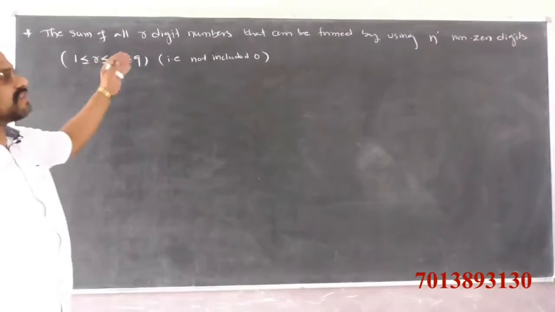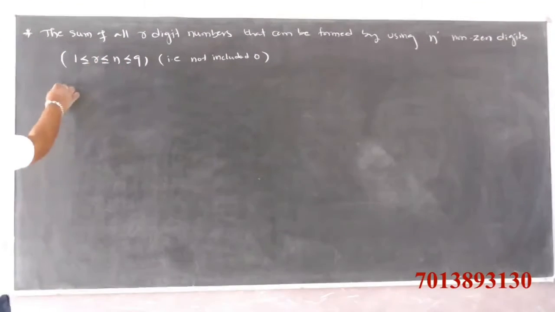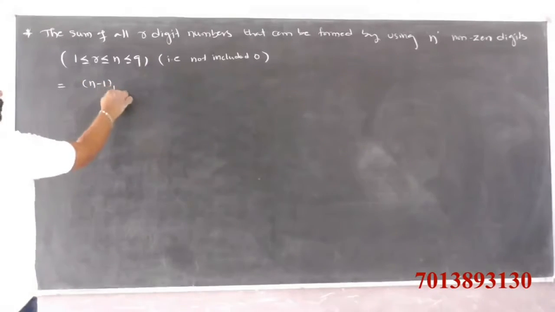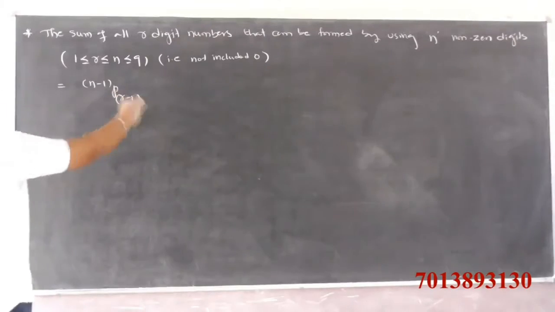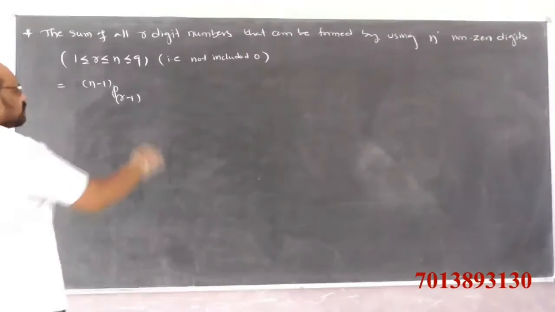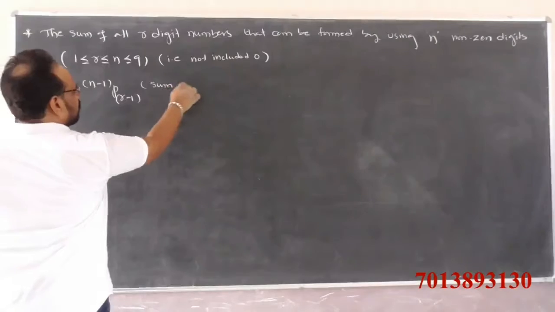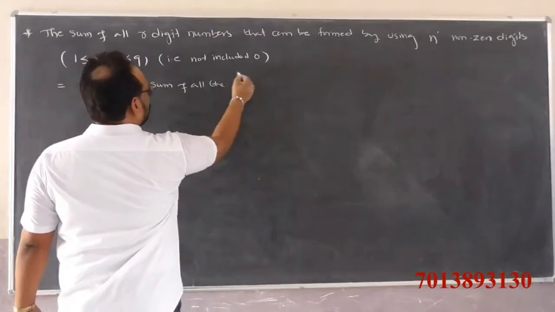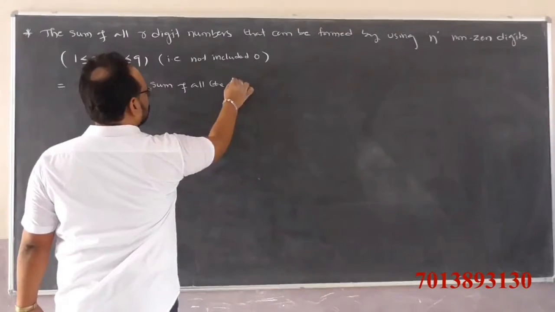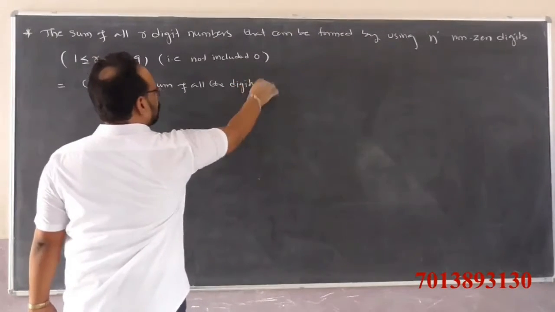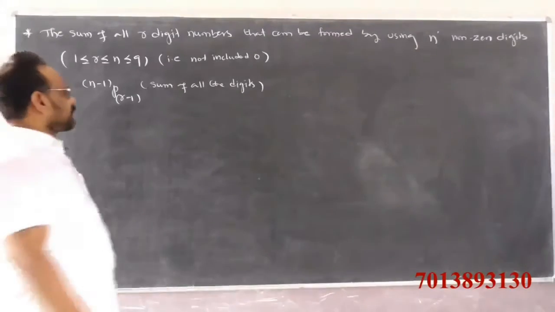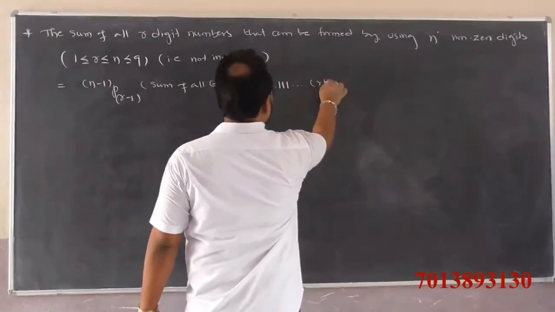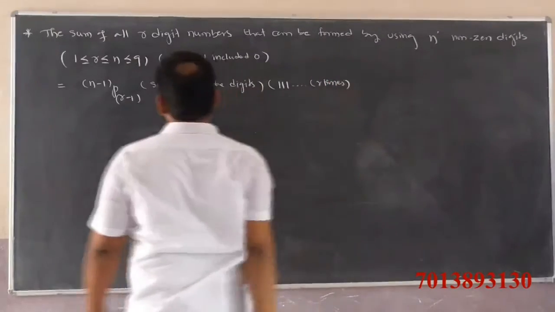We want the sum, and the formula is clearly (n minus 1)P(r minus 1) into the sum of all the given digits into 1, 1, and so on up to r times.